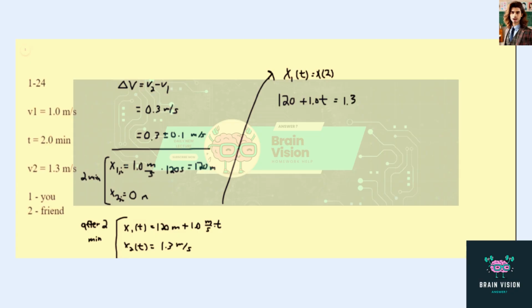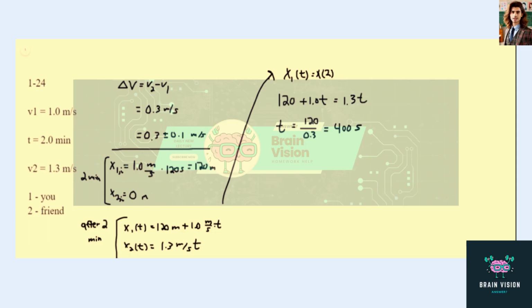Sorry, for my equation 2, I forgot the time, of course, where we have 1.3t. We can rearrange this such that t equals 120 over 0.3, and we find that the amount of time to catch up is simply 400 seconds.